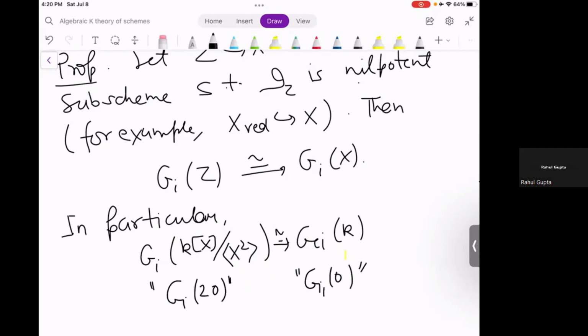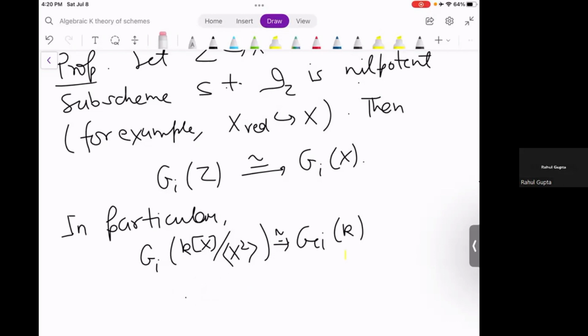You can take an affine line and take this point 0, the coordinate t equal to 0. That's just one point. Did you mean on the right side G_i of k?